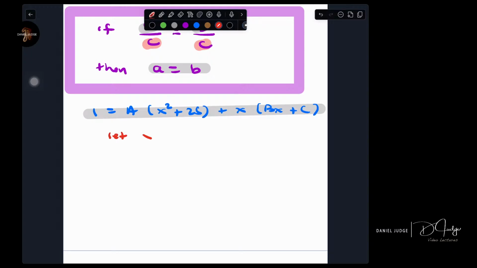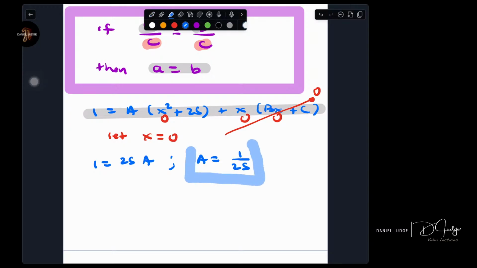You might start by saying, what happens if we let x be 0? Well, we'll get a 0 over here. And then I get 1 is 25a. Or a will be 1 over 25.